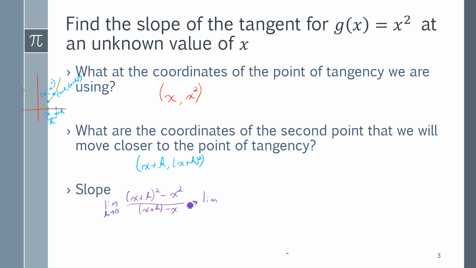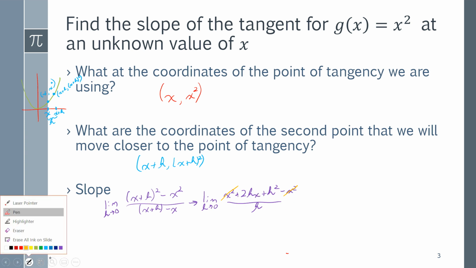So if I try substitution, I'm going to get 0 in the denominator. So I'm going to try simplifying. The bottom is just going to be an h. I can already see that x squareds are going to cancel, and I'm now going to be able to divide what's left in the numerator by h.